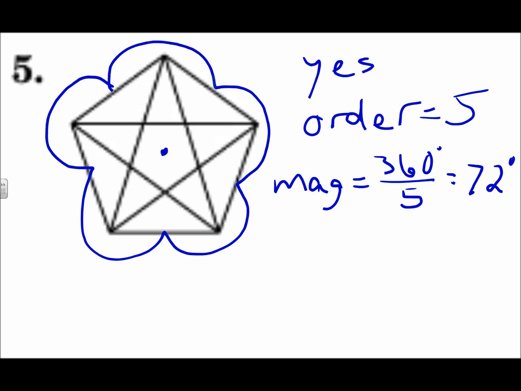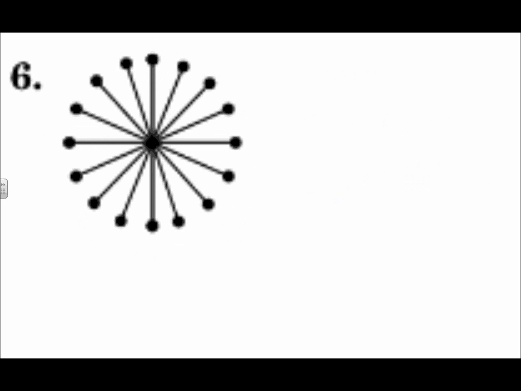The order is how many times in a circle that a figure maps onto itself, and the magnitude is how many degrees to turn in order to map onto itself. Does this have rotational symmetry? Yes, it does. The center would be the center of the circular object.